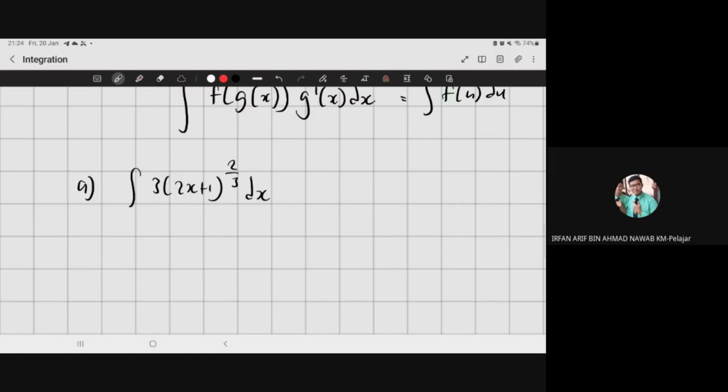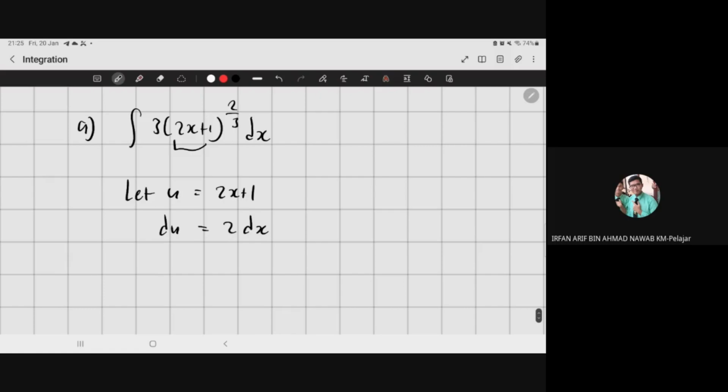So for me, when I see this, what happens if I substitute this particular expression? Let u equal 2x plus 1. Now we differentiate with respect to x, and we get du equals 2 dx.